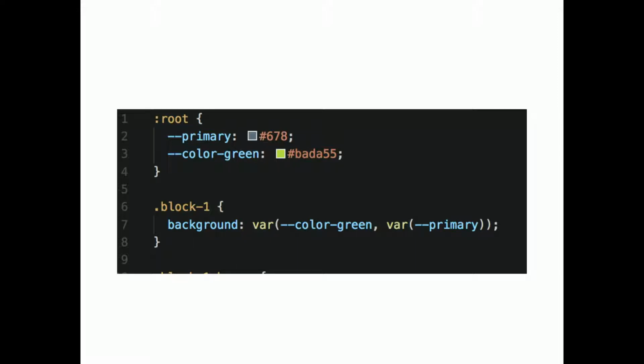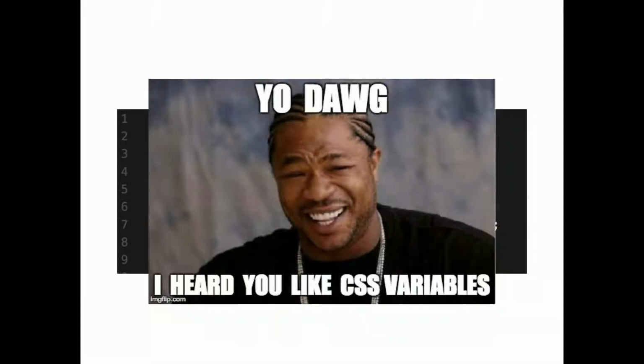And if you really want, you can even have your defaults be another CSS variable, which kind of gets into a little CSS variable inception, you know. So I had that really crappy meme there with Xzibit. Sorry.